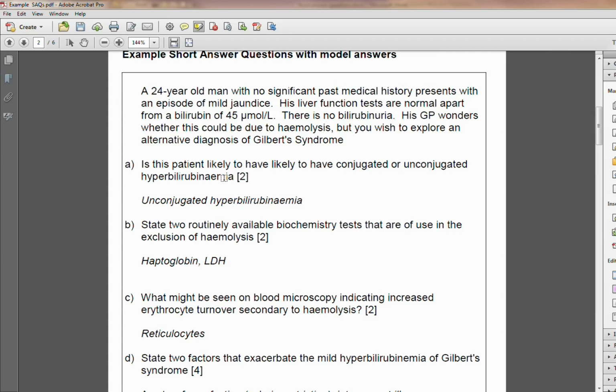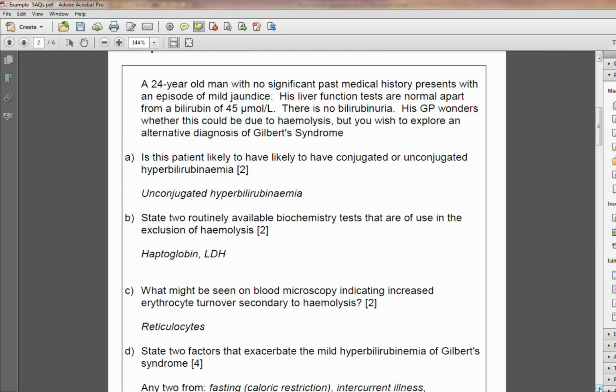So the question is, is the patient likely to have conjugated or unconjugated hyperbilirubinemia? So the answer is unconjugated hyperbilirubinemia. Very specific answer. List 2 routine tests that are used in exclusion of hemolysis. So here, the answer is haptoglobin and LDH, so 2 marks, 2 responses.